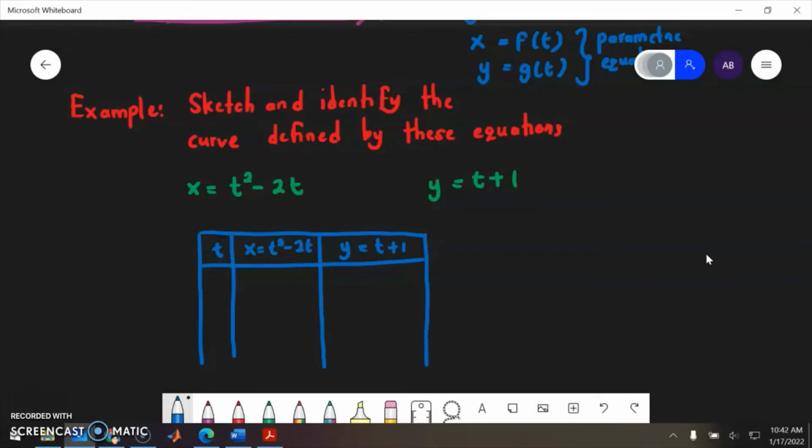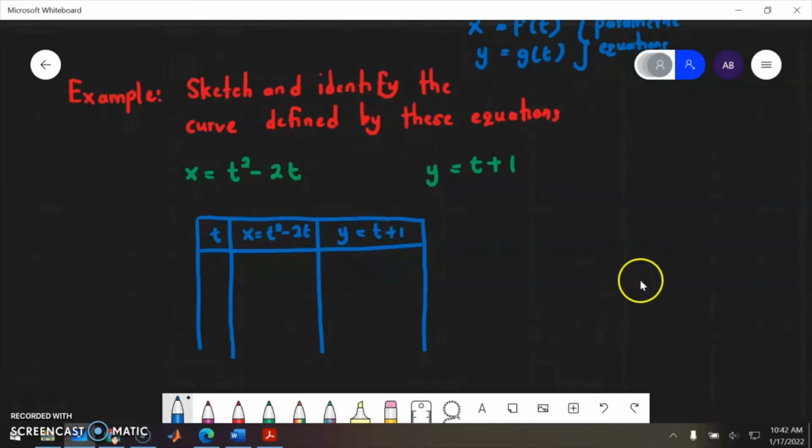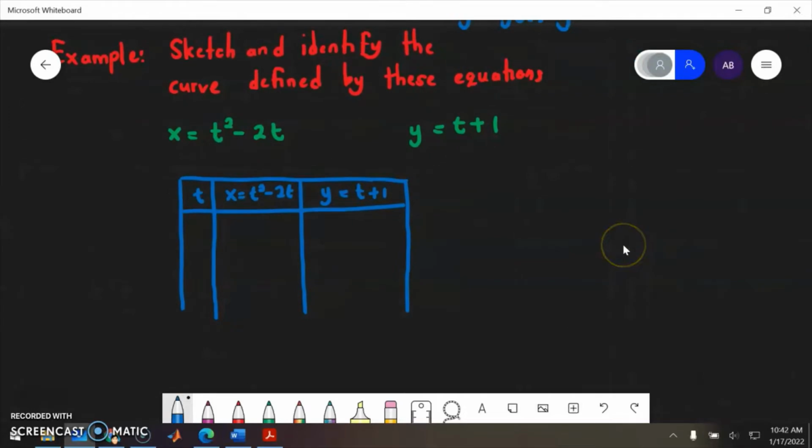Because it didn't give you the interval, start with a negative number and then a positive number. You can start with -2, -1, 0, 1, 2.